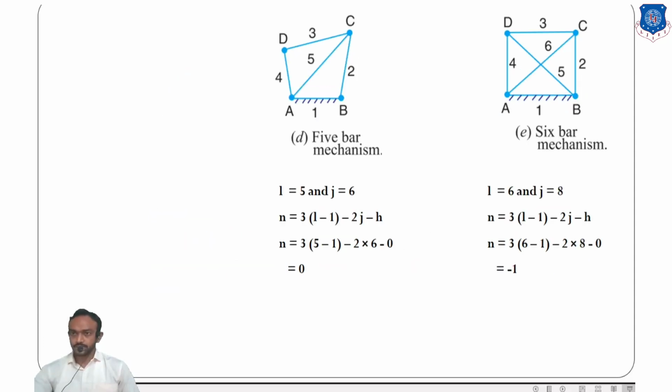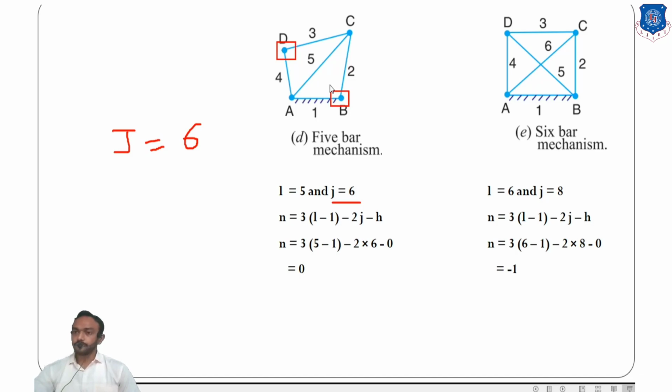So you can see here 5 links and 6 joints. How is j equal to 6? First of all, you also know binary joint, ternary joint and quaternary joint. First check this: this is a binary joint, this is a binary joint, 2 links are connected, so count as 2.